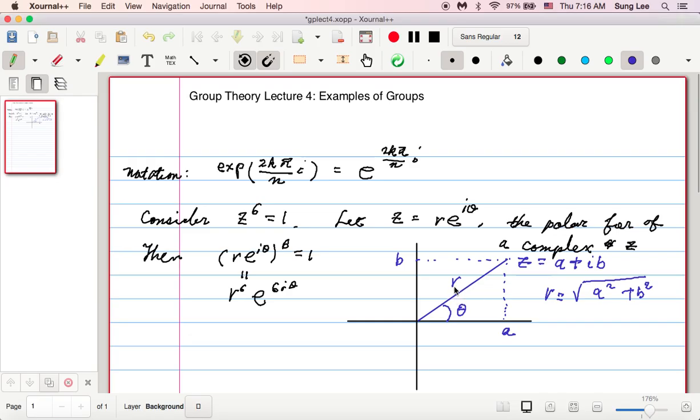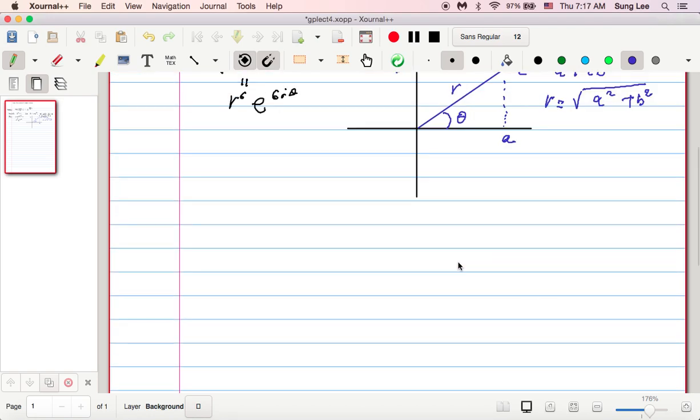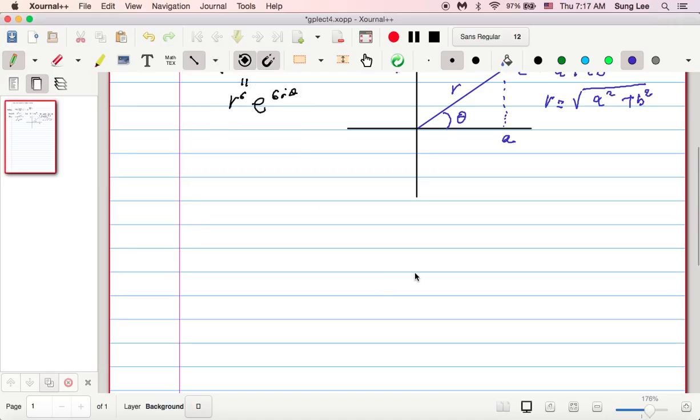Also, when r equals 1, a complex number with length 1 is a point on the unit circle.